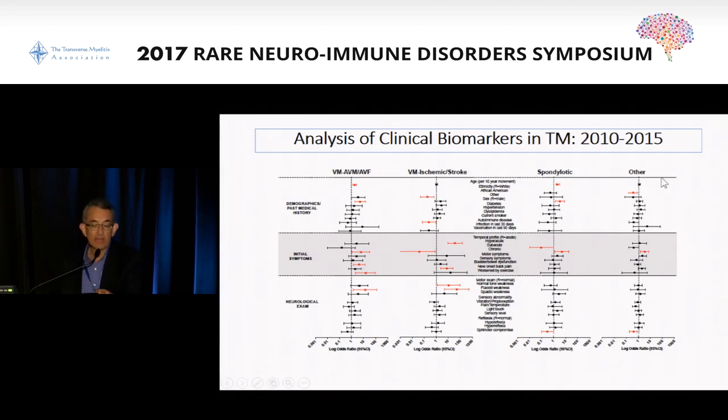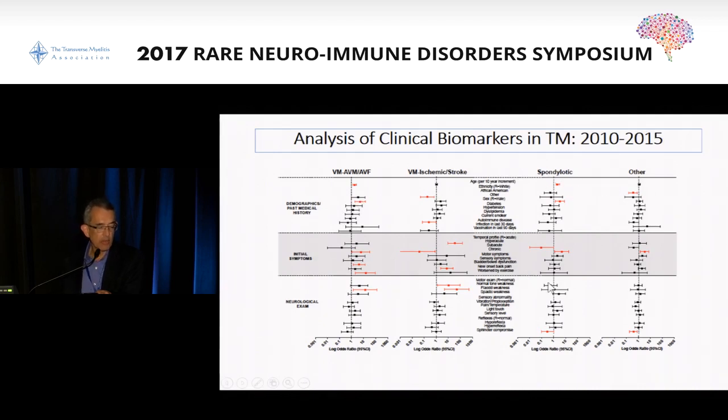So in this analysis, there was a multifactorial analysis. We tried to determine which of these factors associated with the demographics, with the initial symptomatology, or the neurological exam were able to differentiate well between inflammatory myelopathies versus other myelopathies. In red, you may identify the factors that are better differentiating inflammatory myelopathies versus ischemic myelopathies or arteriovenous malformation or the spondylotic and others.